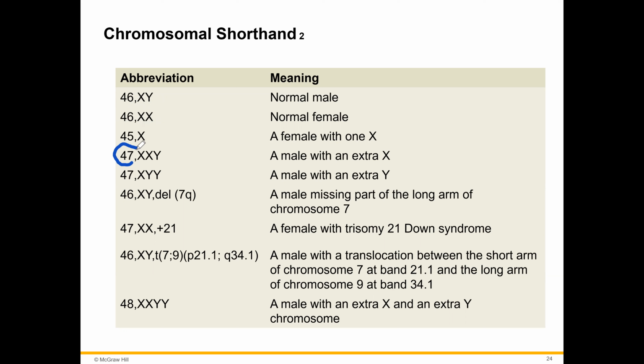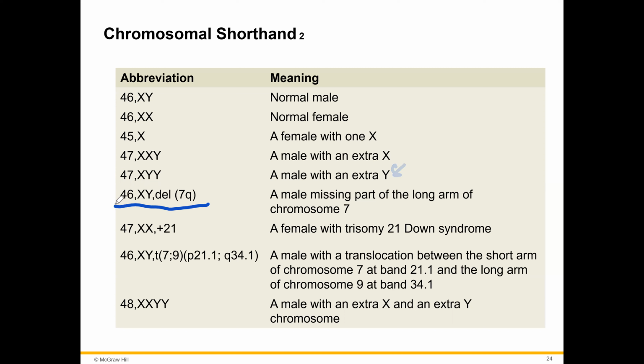This person has 47 chromosomes instead of 46, one extra chromosome, an extra X, so that's a male with an extra X chromosome. Now look at this abbreviation, 47XYY, so one Y chromosome extra. It's a male with an extra Y chromosome.